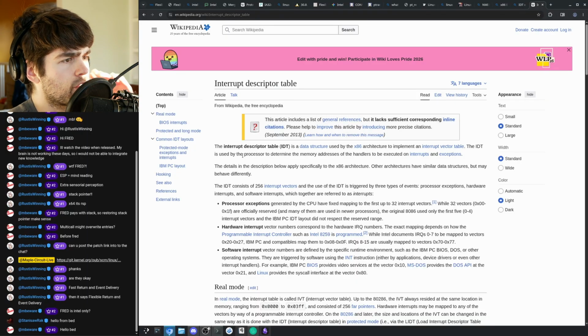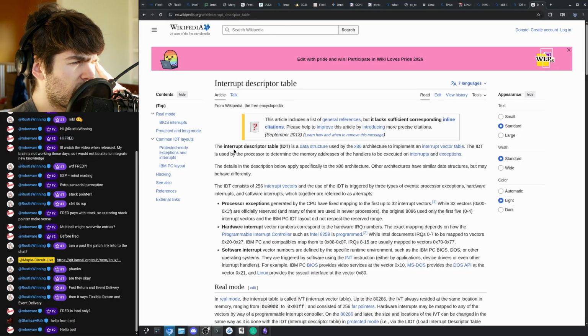Other architectures have similar data structures, but may behave differently. The IDT consists of 256 interrupt vectors, and the use of the IDT is triggered by three types of event: processor exception, hardware interrupt, and software interrupt, which together are referred to as interrupts.